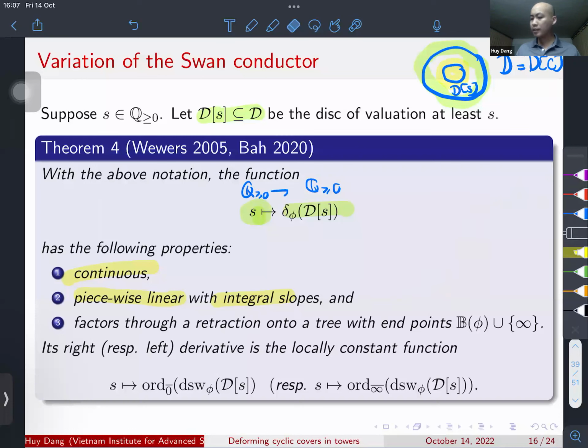And finally, the last one says it factors through a retraction that contains the branch locus. This is the branch locus of phi and the point at infinity.